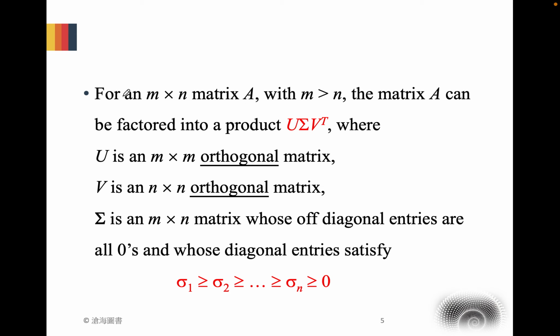Okay, so for an m by n matrix A, the matrix A can be factored into a product U sigma V transpose. So here we introduce another decomposition, right? Originally we introduced LU decomposition and QR decomposition.